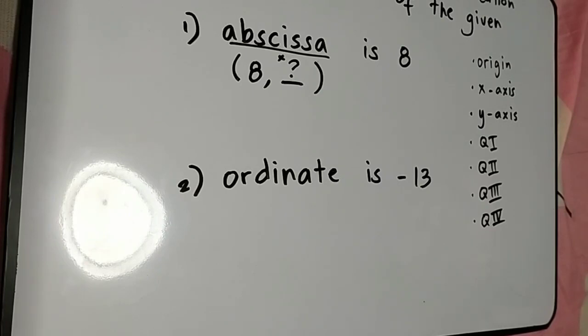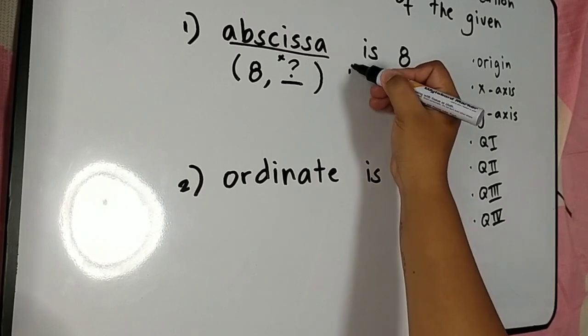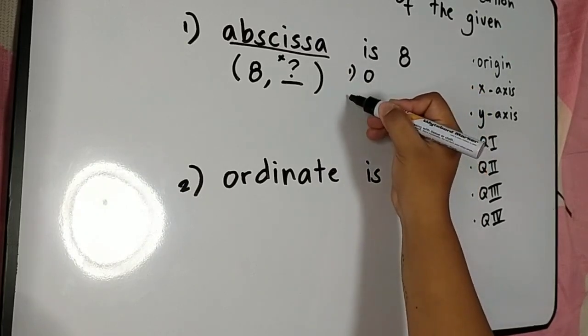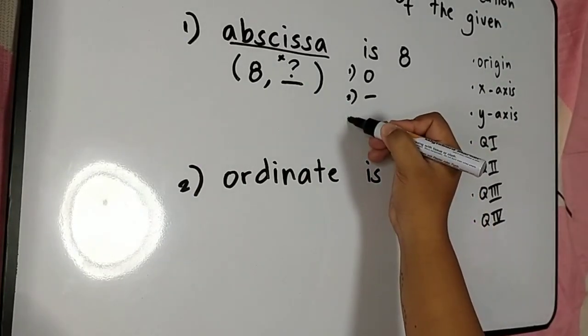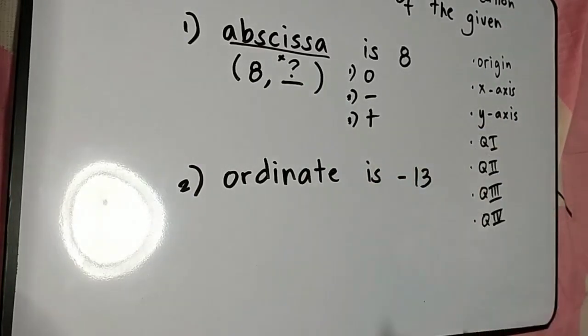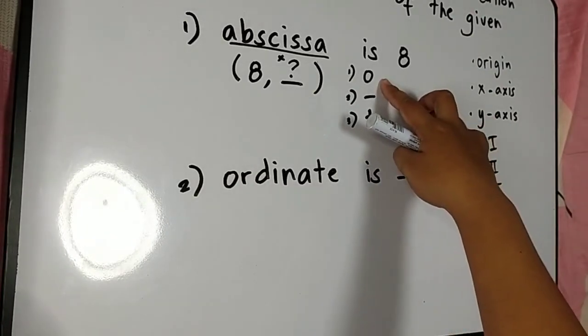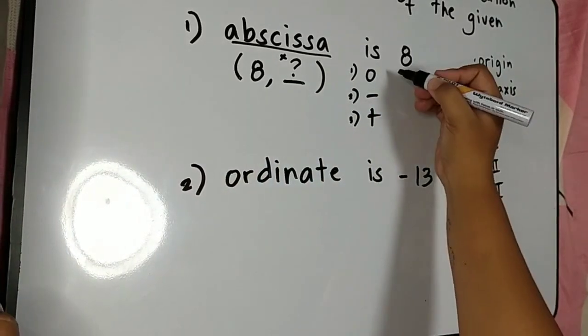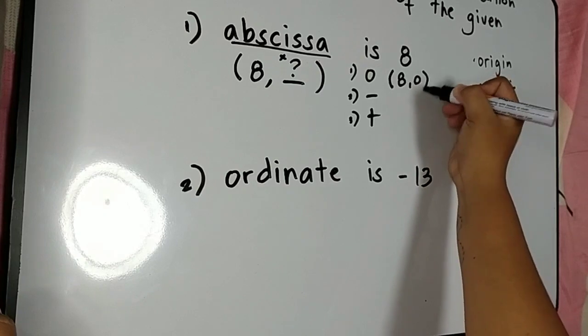Okay, so tatlo yon, laging tatlo. Diba si y, pwede siyang maging 0. Pwede din naman na maging negative yung value ni y, or pwede din na maging positive. Okay, so itetest natin tong tatlo. Kung 0 si y, therefore ang magiging coordinate natin ay 8, 0.